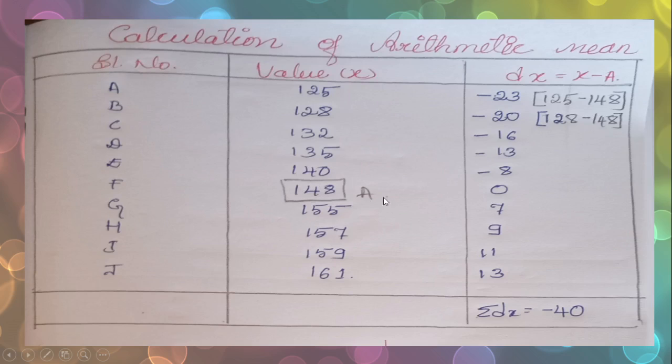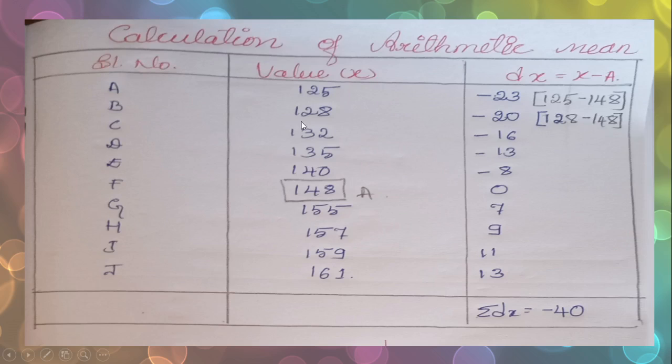So for the first observation A, the formula is x minus a. The x value is 125 minus assumed mean 148. So 125 minus 148 is minus 23.